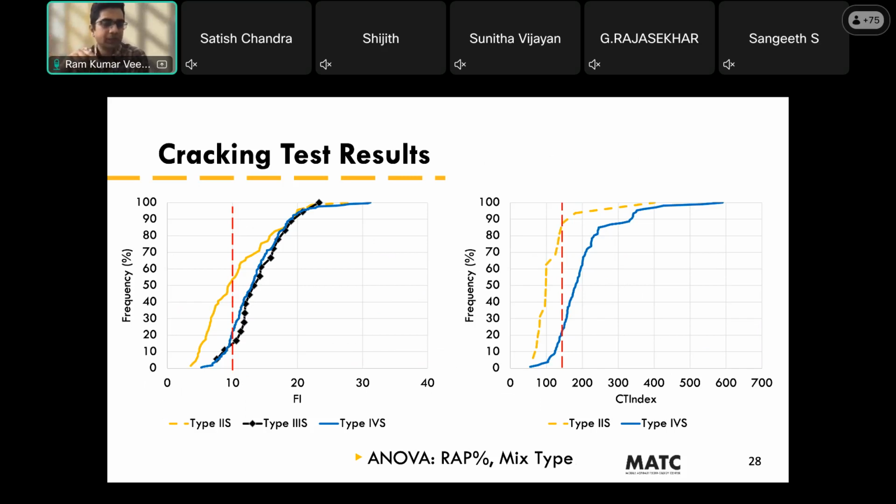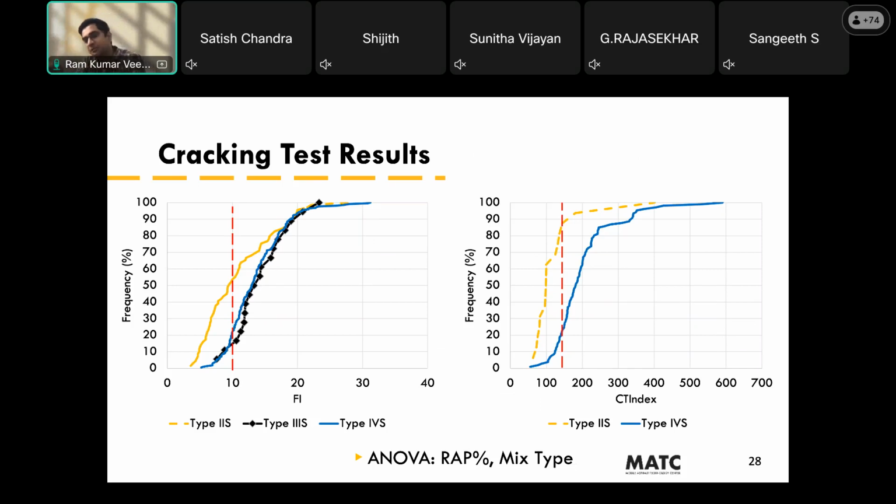What you see over here is the 2S, or 19 millimeter aggregate mixtures. About 50% of the mixes fail to meet the criteria based on our analysis of the data. A similar trend we could see on the IDEAL-CT test as well. About 90% of the CT index results for the type 2S are below the preliminary minimum CT threshold of 150, and less than about 30% for the type 4S mixtures.